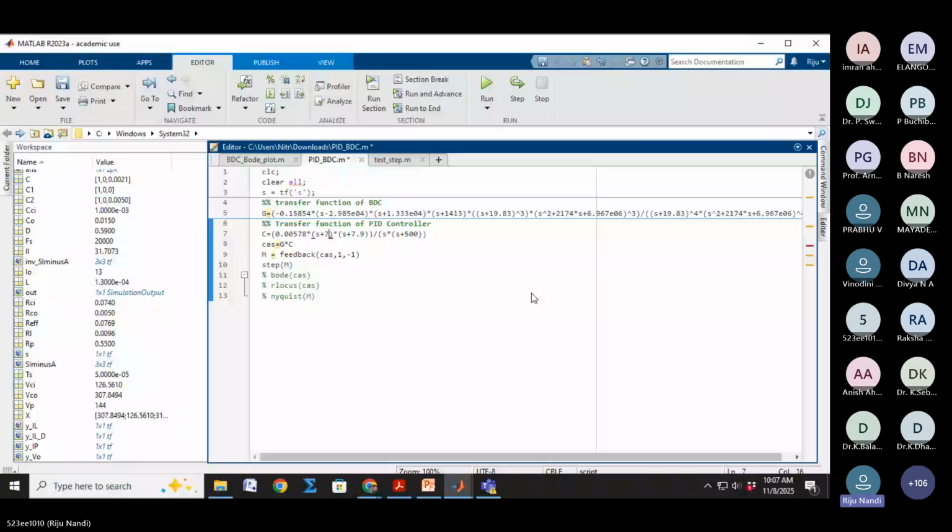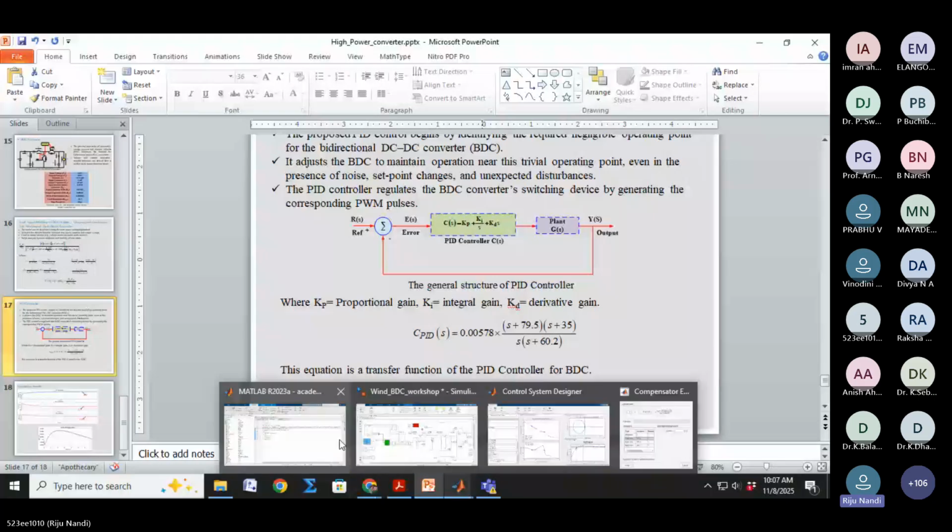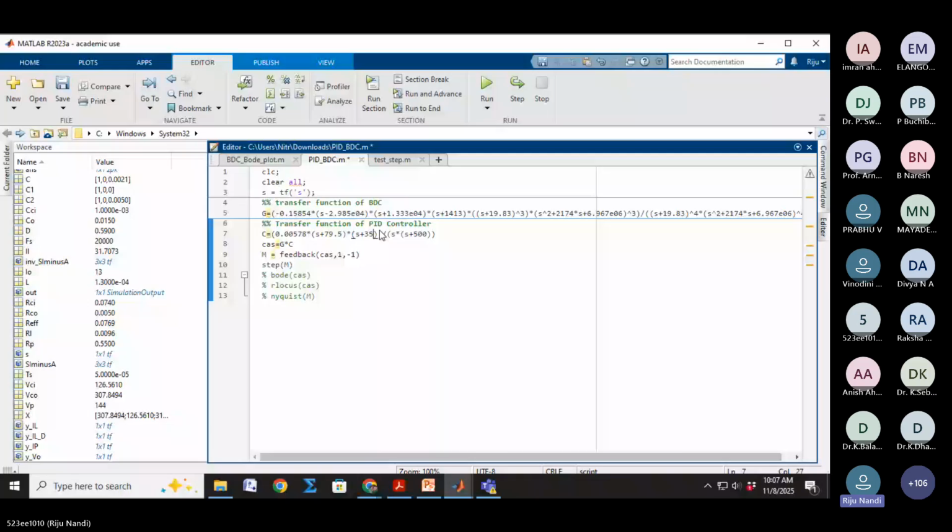This is 79.5. Then go for s plus 35, and this is 60.2. Then you have to go for cascade, because the plant transfer function and the control transfer function have to be cascaded.